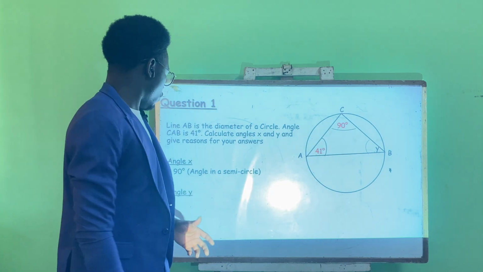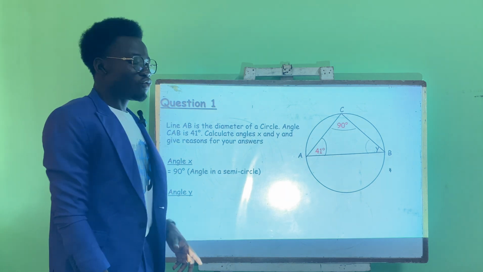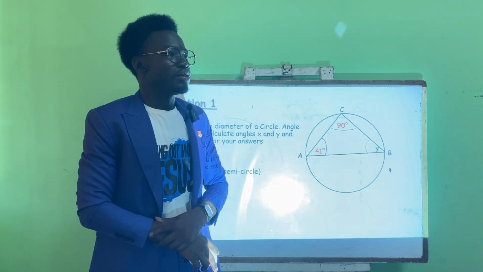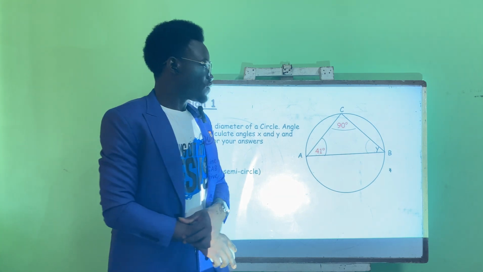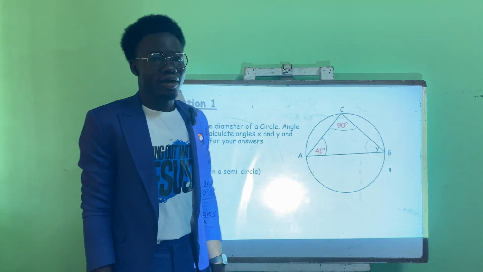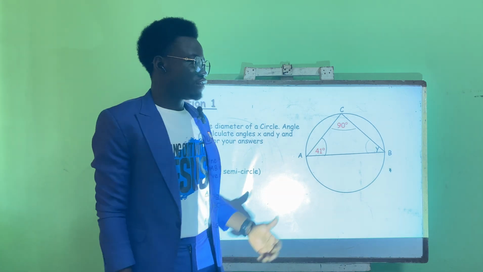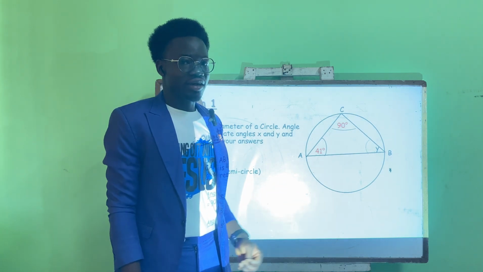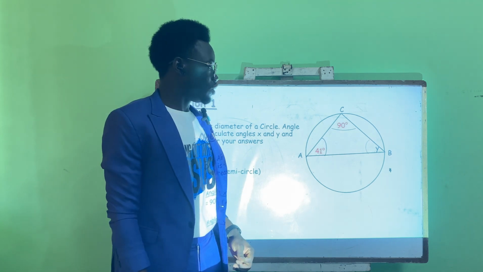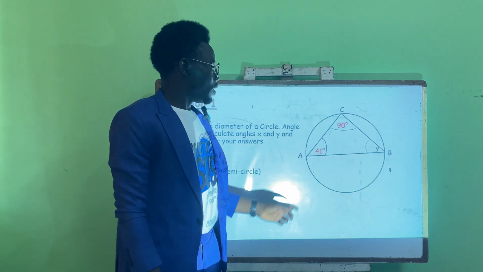Now we want to look for the angle Y. From the angles theorem in plane geometry 1, we said that angles in a triangle sum up to 180 degrees. There is a video I've made on that; I will leave the link in the description so you can go and look for it.